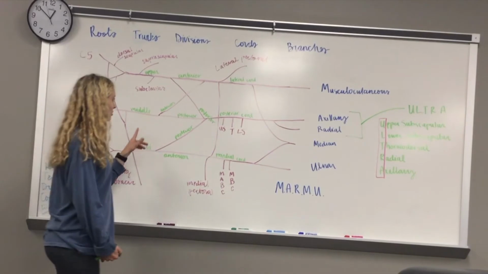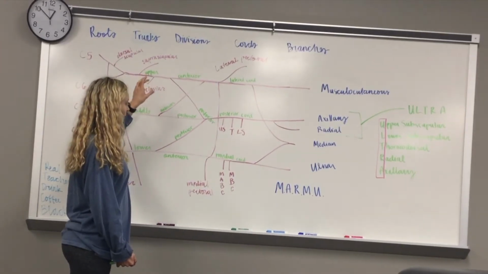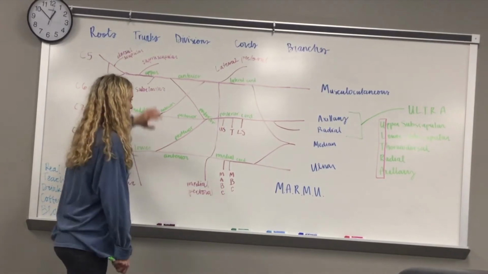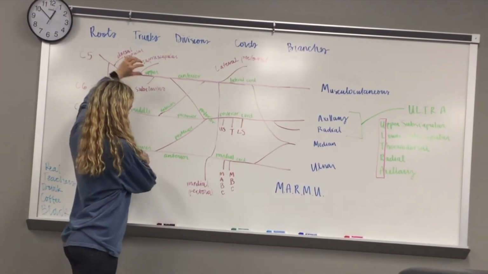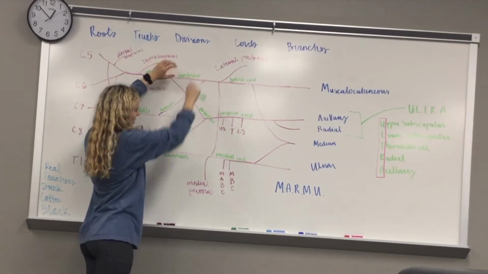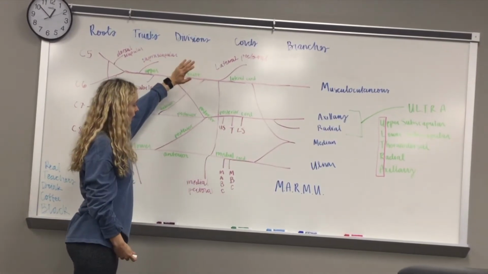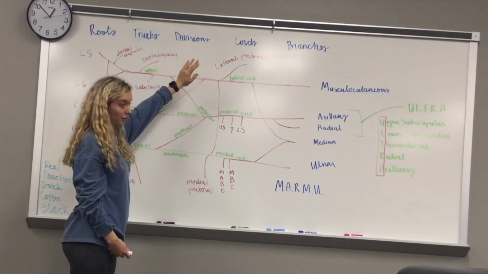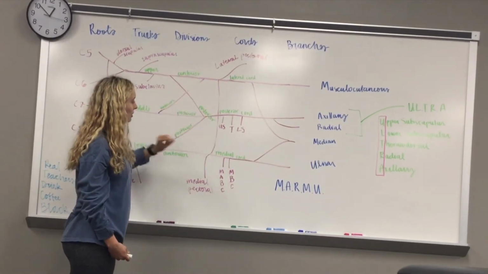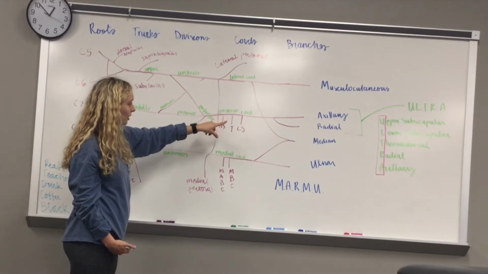Moving on to the divisions, we have an anterior division and a posterior division. These 3, this one here and here, will contribute to the anterior portion, while we have these 3 coming to make the posterior cord.